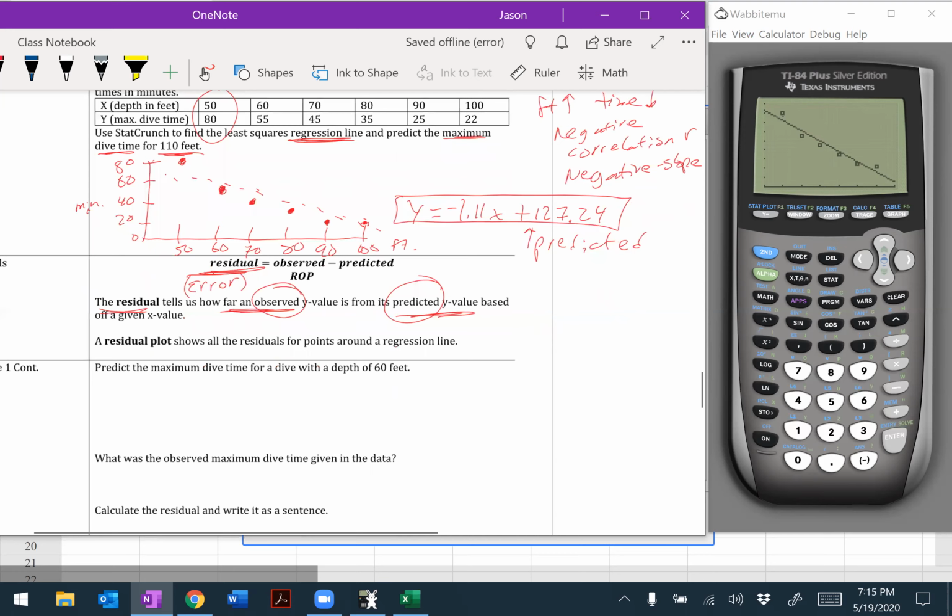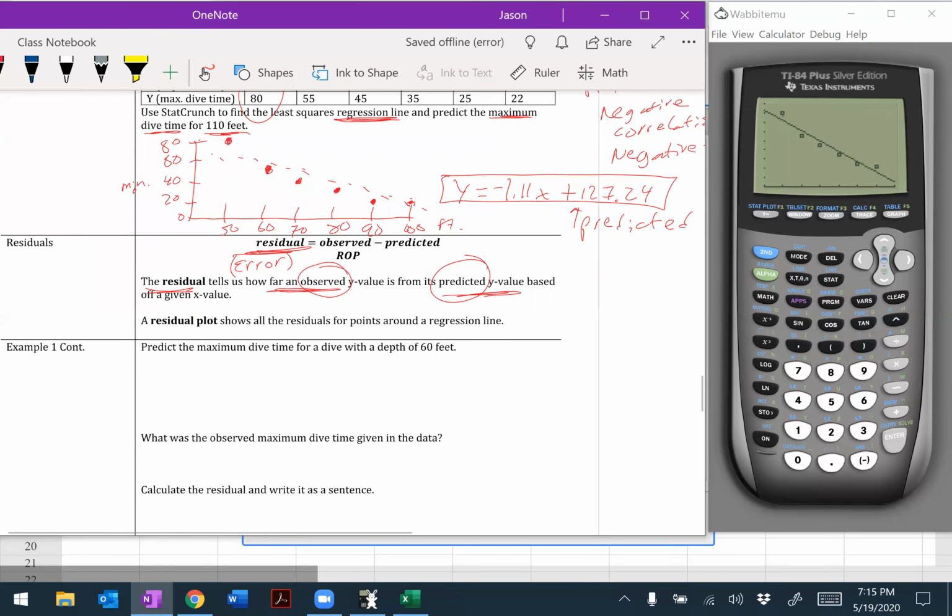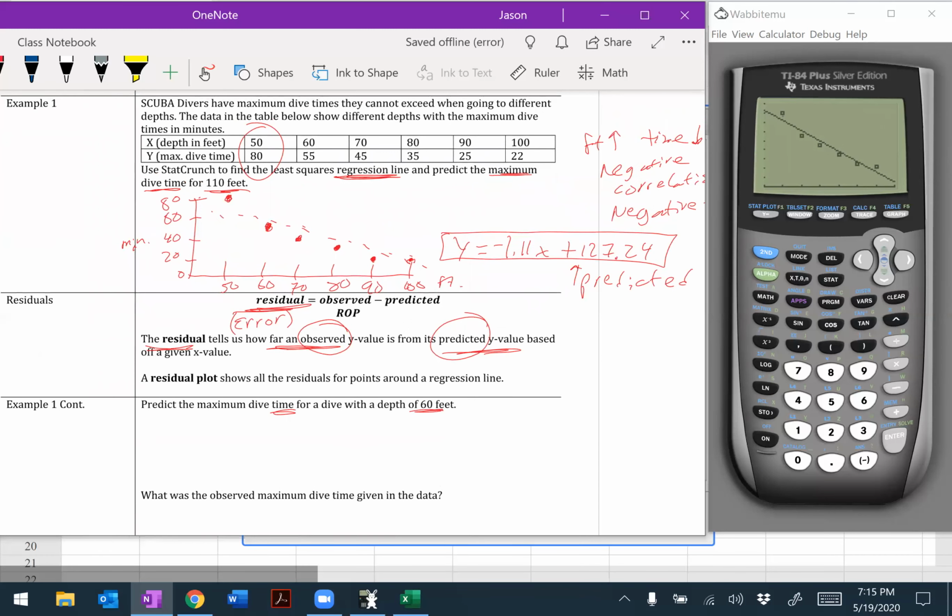Okay, example 1 continued says, predict the maximum dive time for a depth of 60 feet. Well, how can I use the line of best fit to predict the dive time? What is the equation? What's the y? The y is the dive time, right?